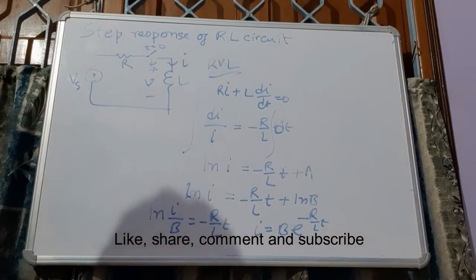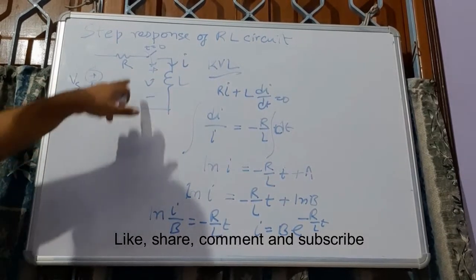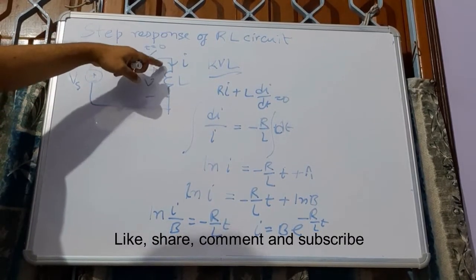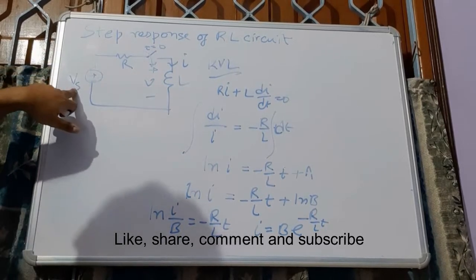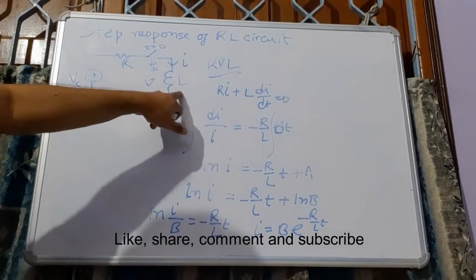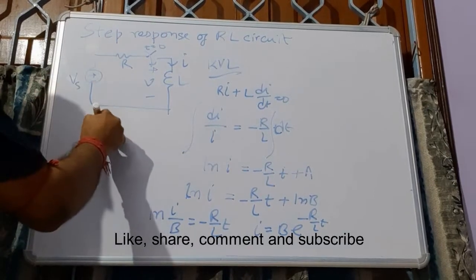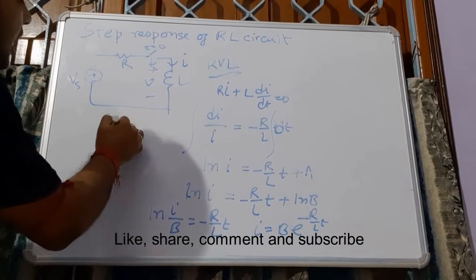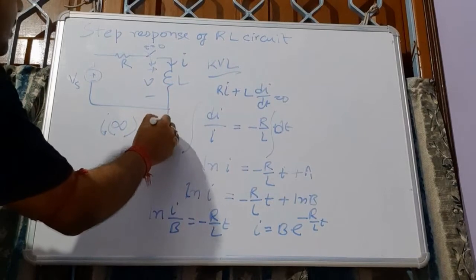Now if I calculate the steady state value of current, means when this switch is connected to the circuit and it is closed, then in case of DC, the inductor will be short circuited. So i infinite will be Vs by R, right?